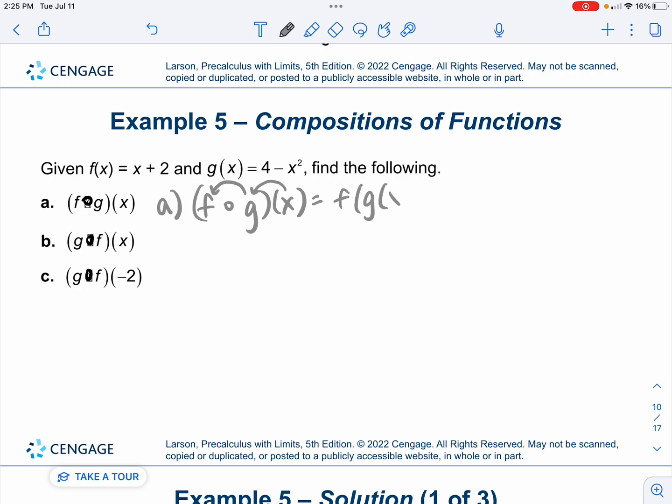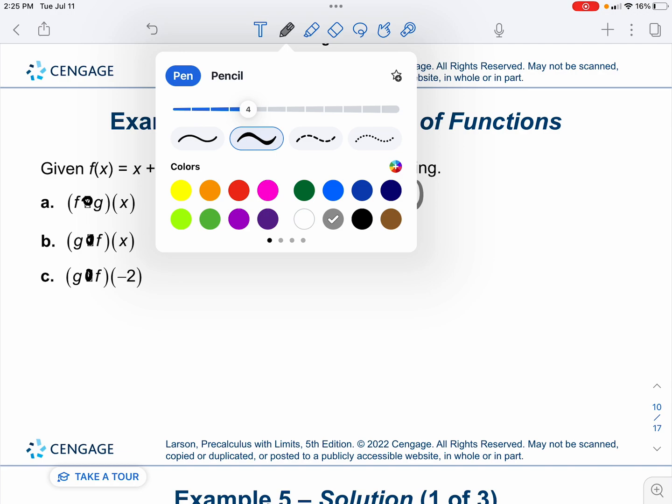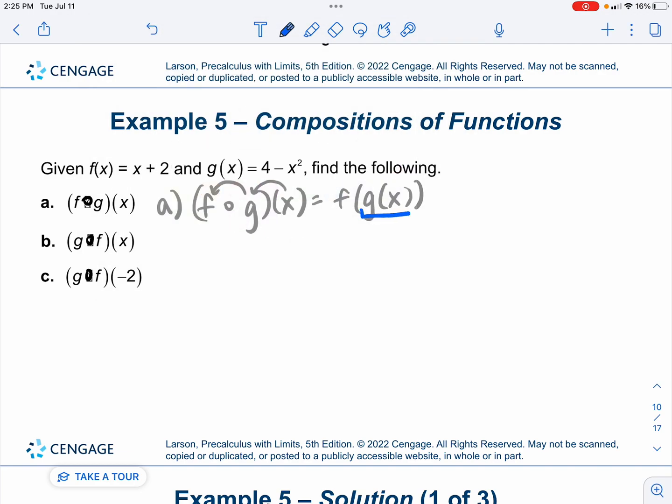The definition is written like this, and we start on the inside with g of x. So I'm going to replace what's underlined in blue with the g of x function. So f of, what is g of x? It is 4 minus x squared.